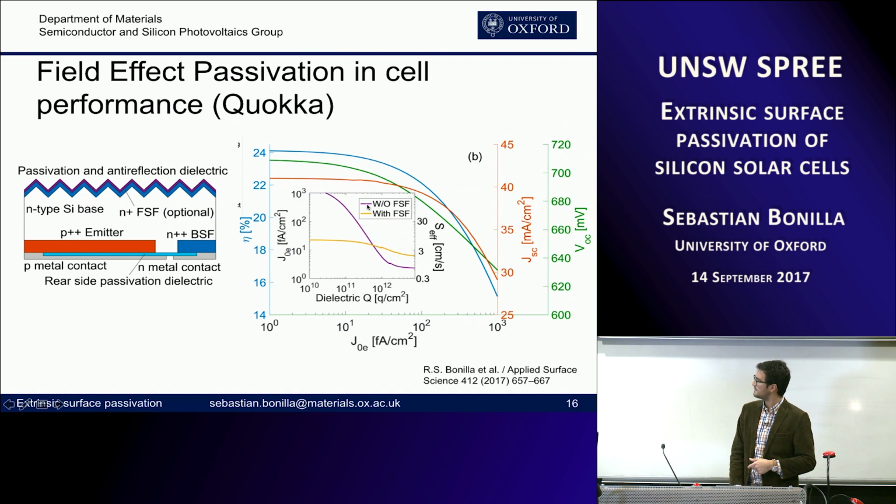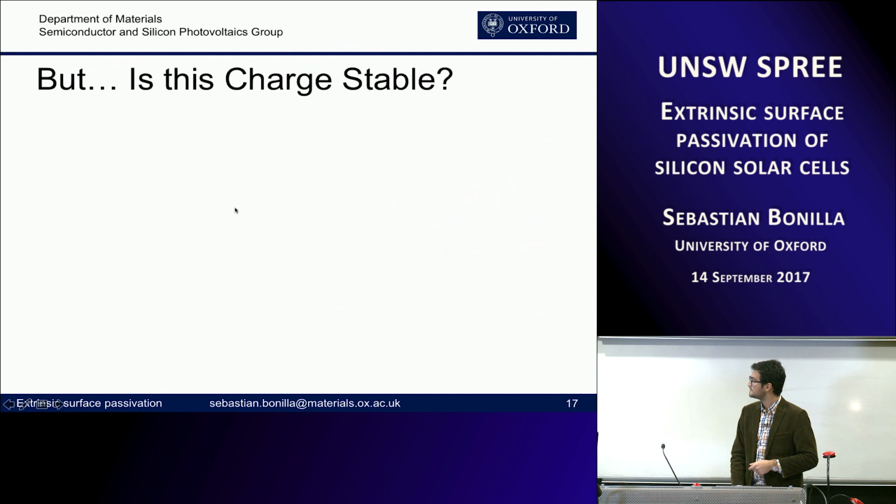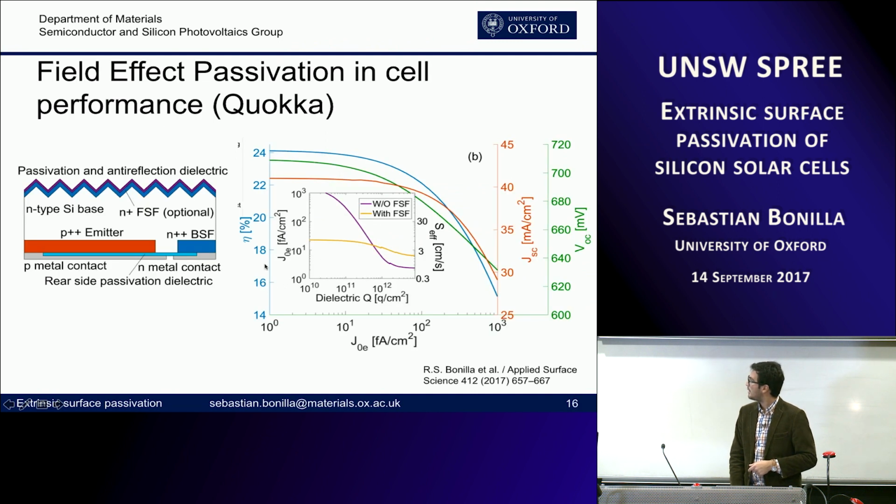One is that if we don't have the front surface field, so the purple trace here, we can actually achieve better J0 or surface recombination velocity values, and that's because we don't have the added Auger component of recombination in that heavily doped region at the front. And the other is that if we look at the performance of that cell, if we have J0 values below 10, we actually have very little variation of the performance parameters with recombination velocity at the front surface.